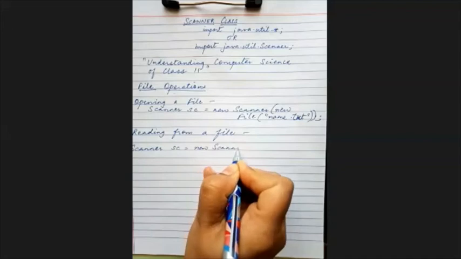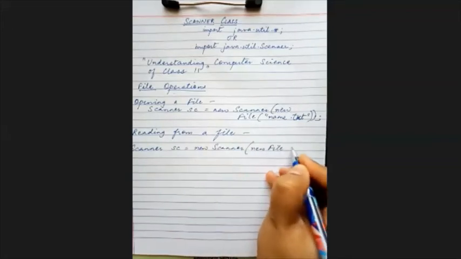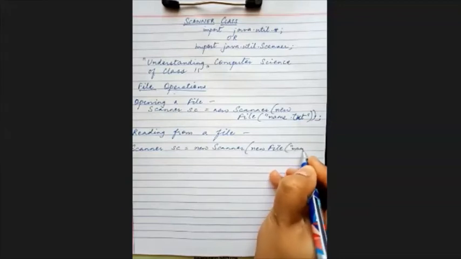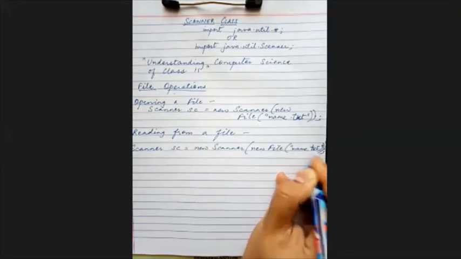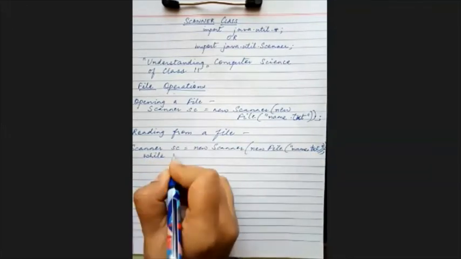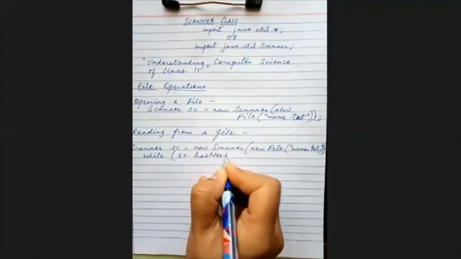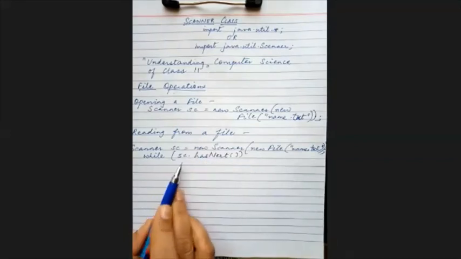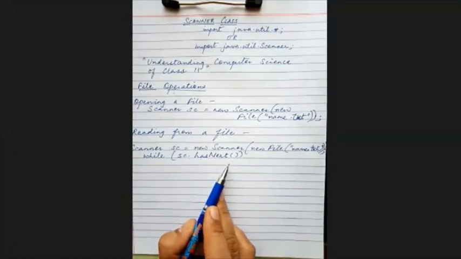New Scanner, new File name.txt. Then I'll write while sc dot has next. Sc is the scanner class object. Has next checks whether there is another token or not.